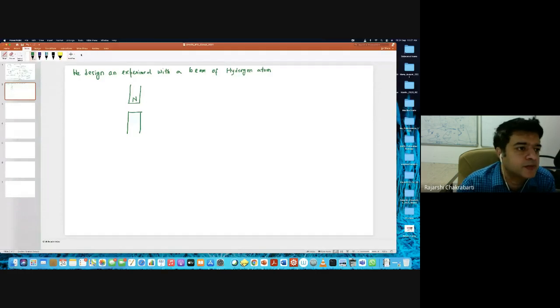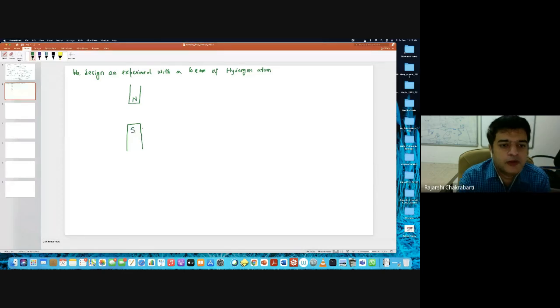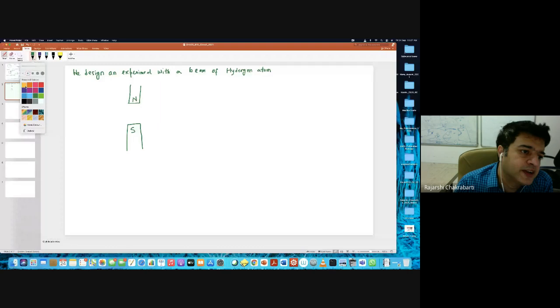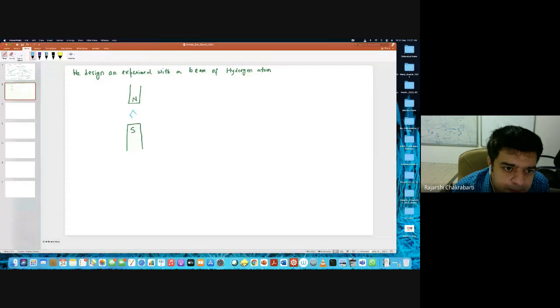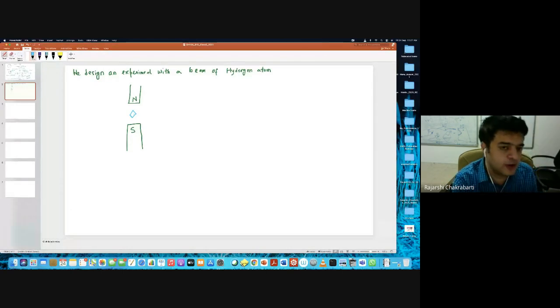I need slightly more space. So I told you to think of the electron as a tiny magnet. So I can think this is my electron, like a tiny magnet. Of course, this is classical. This is your N, this is your S, whatever.